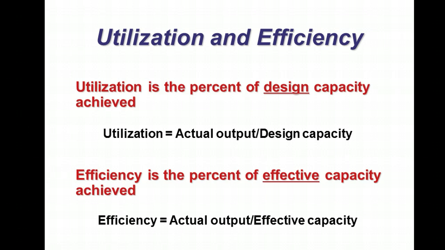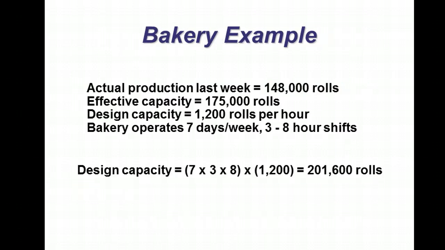This will make a little bit more sense with an example. A bakery making 148,000 rolls, so nearly 150,000. Effective capacity is 175,000. Design capacity is 12,000 rolls per hour, and the bakery runs 7 days a week, 3 8-hour shifts.